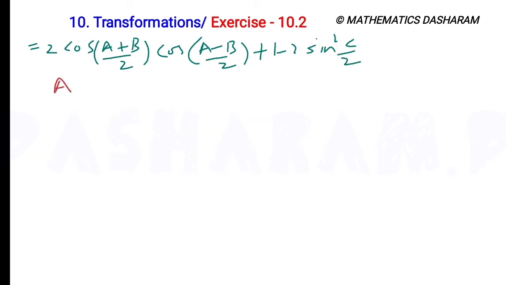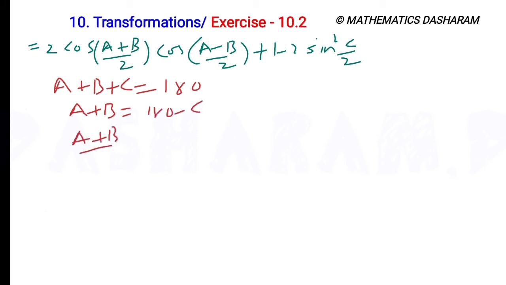But we have one condition given in the question, that is a plus b plus c equals 180 degrees. So a plus b equals 180 minus c, so (a plus b) by 2 equals 90 minus c by 2. Substitute this value at this place.